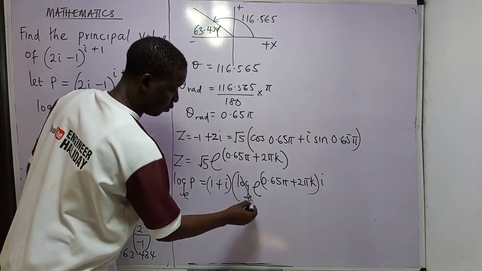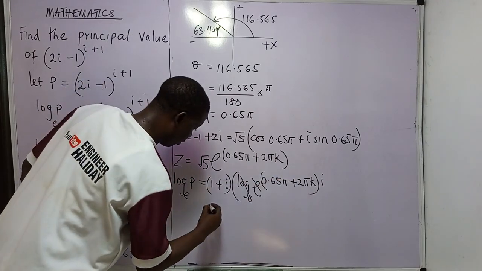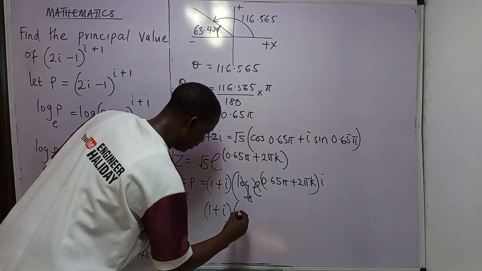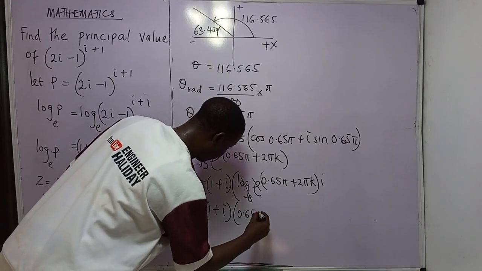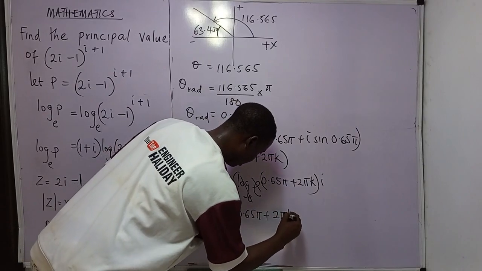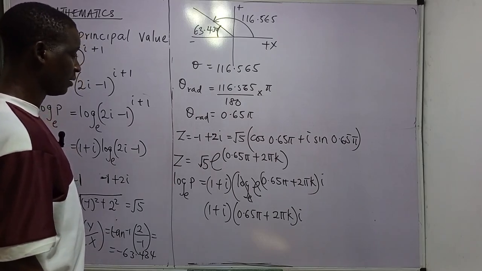Don't forget that the log of e will be 1, so this one will just drop down. So what I would have is 1 plus i times (0.65 pi plus 2 pi k) i.